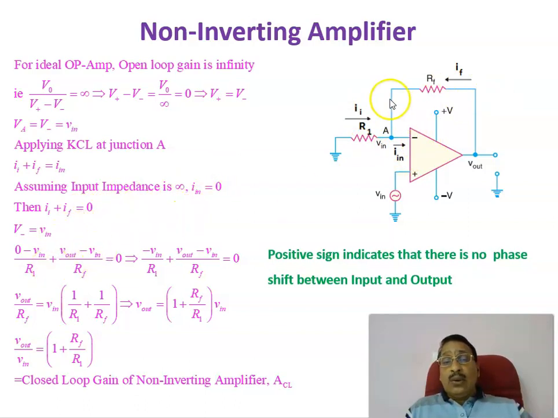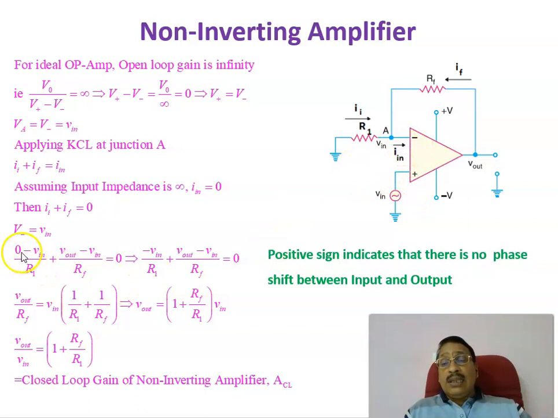Now we apply Kirchhoff's current law by writing the currents as voltage by resistance ratios. The first current can be written as 0 minus VA divided by R1, where VA is the same as V in.